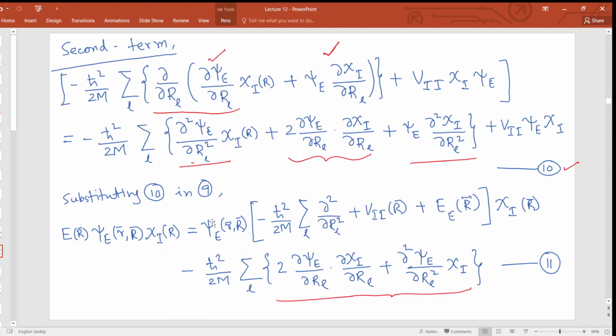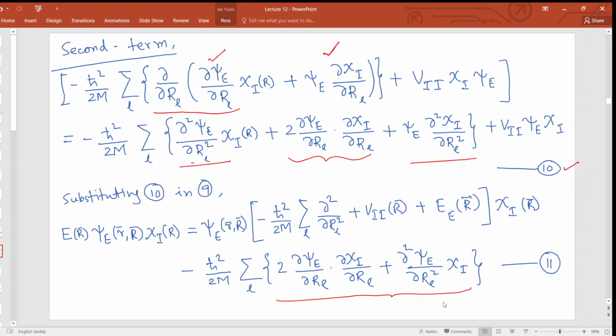So if you do that, then you can actually again simplify this thing. So here you will basically take this product of derivatives, that is del psi e del RL times del chi I del RL, this particular product term, and the second derivative of the electronic wave function with respect to RL square in another bracket.